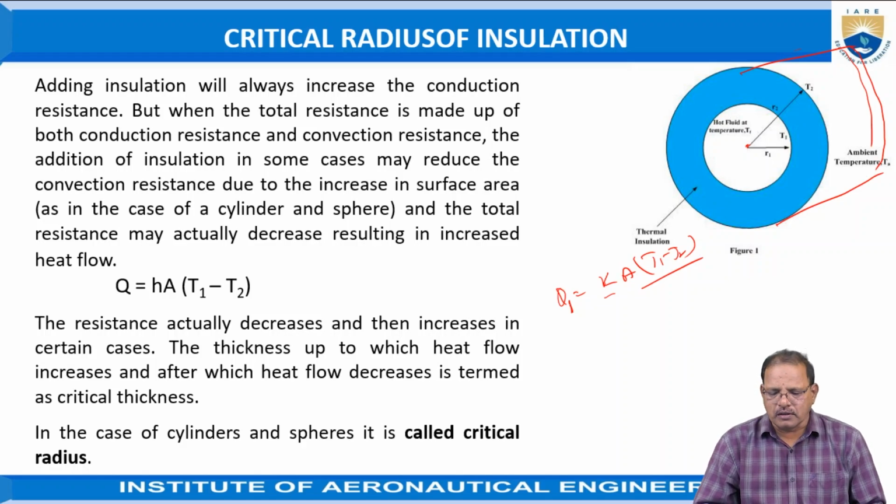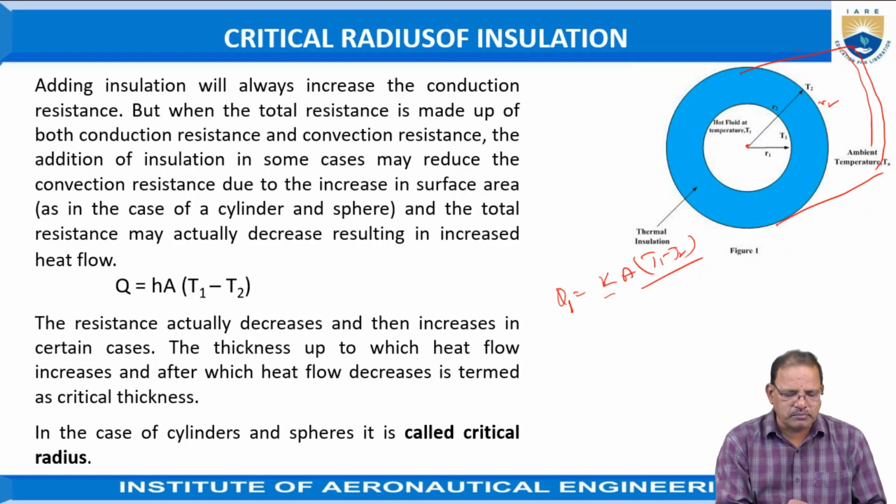Because of the insulation around the surface, the radius increases to R2, the external radius. The internal radius is R1, because the thickness of the wall is negligible when compared with R1. So because of insulation, the surface area is increasing.